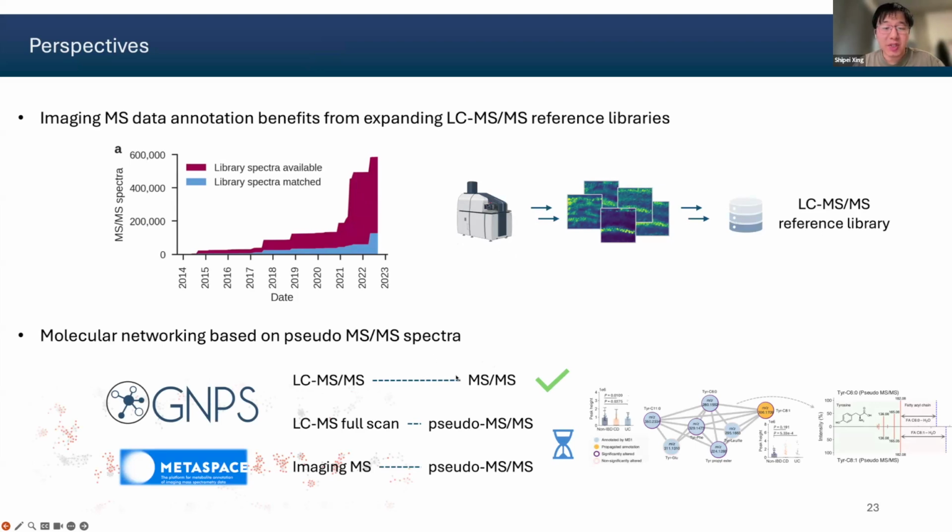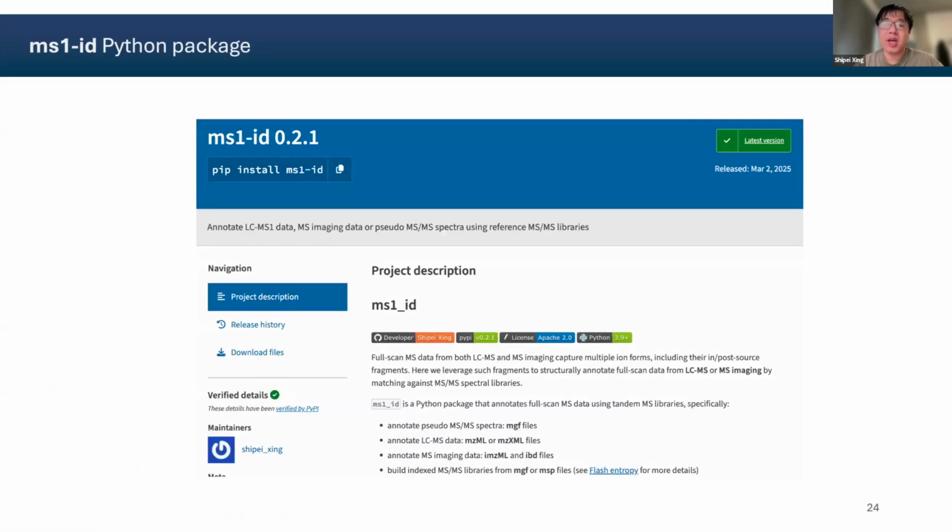We anticipate this can be further extended to pseudo-MS2 spectra, where LC-MS full scan data and imaging MS data will also benefit from such developments to discover new metabolites and unravel more biological insights.